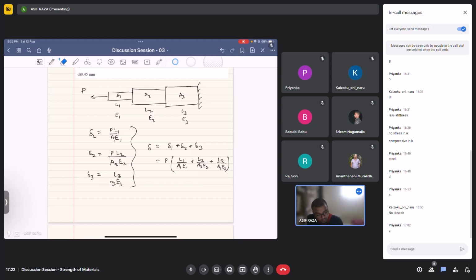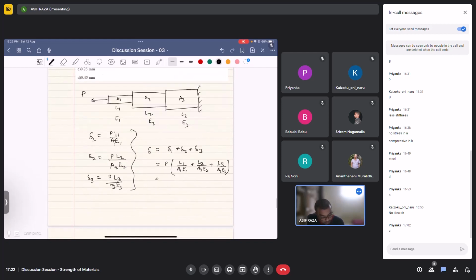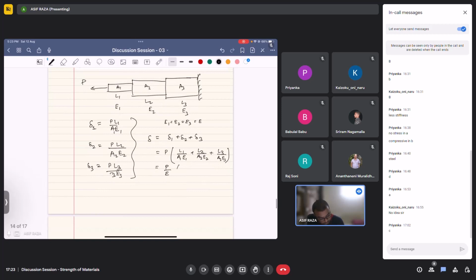For the given question, E1, E2, E3 are equal, so I'll take E out, and this would be equal to P upon E times L1 upon A1 plus L2 upon A2 plus L3 upon A3.